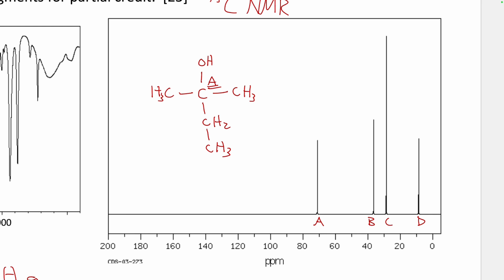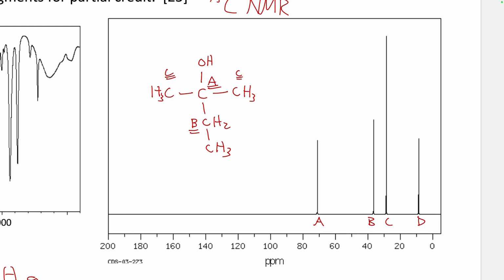The CH2 is going to be the next most deshielded, because CH2s are inherently a little more electron poor than CH3 carbons, just like with proton NMR. So this is going to be the B signal, and then the C signal is representing the 2 identical methyl groups. You can also get a hint about this because the C signal is really big compared to the others. That suggests that maybe it's representing more than 1 carbon.